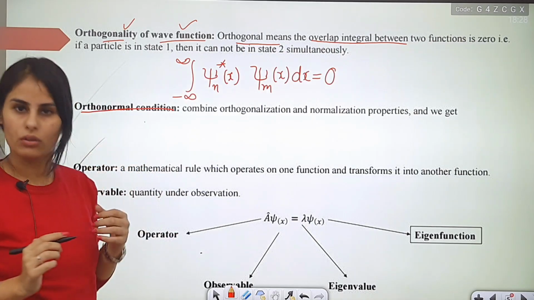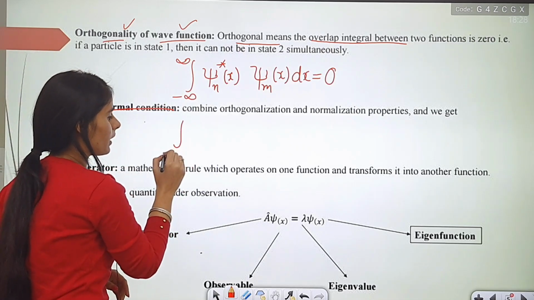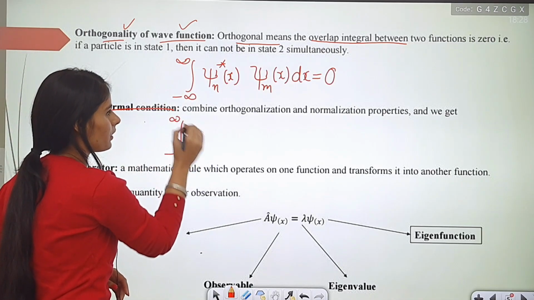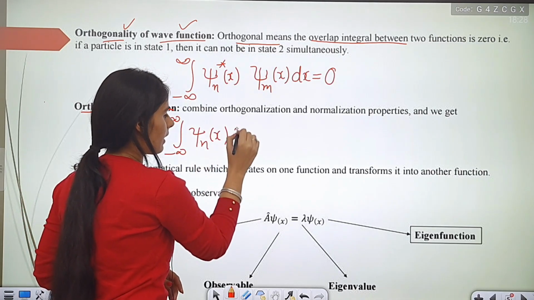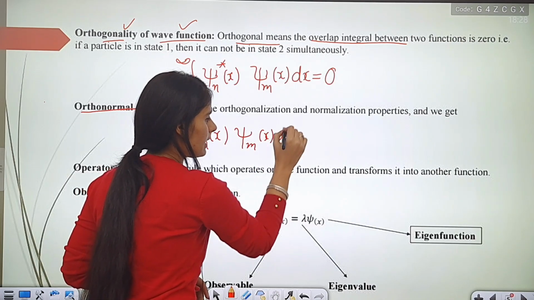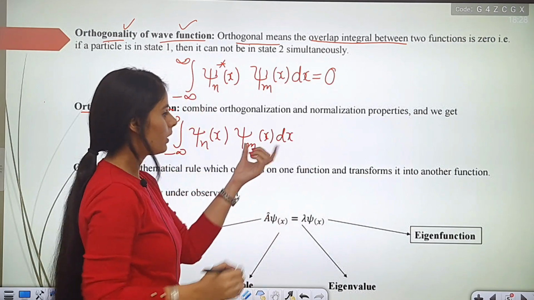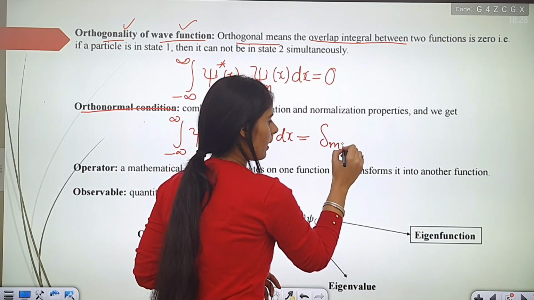Now what is the orthonormal condition? It is simple. Similar to this, if you take the integration from minus infinity to infinity of psi of n of x and psi of m of x into dx, it is equal to delta mn.